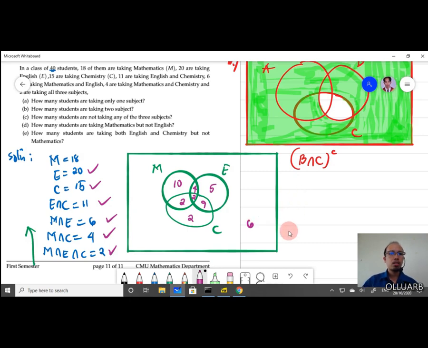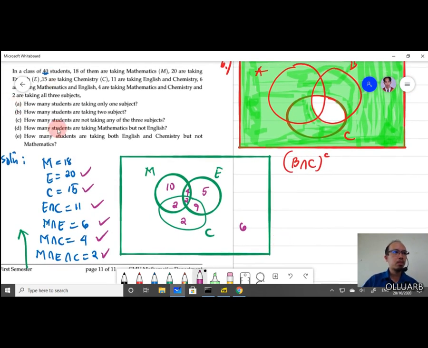Okay, for the first question, how many students are taking only one subject? We have 10 plus 5 plus 2. We have 17 students. For letter B, how many students are taking two subjects?